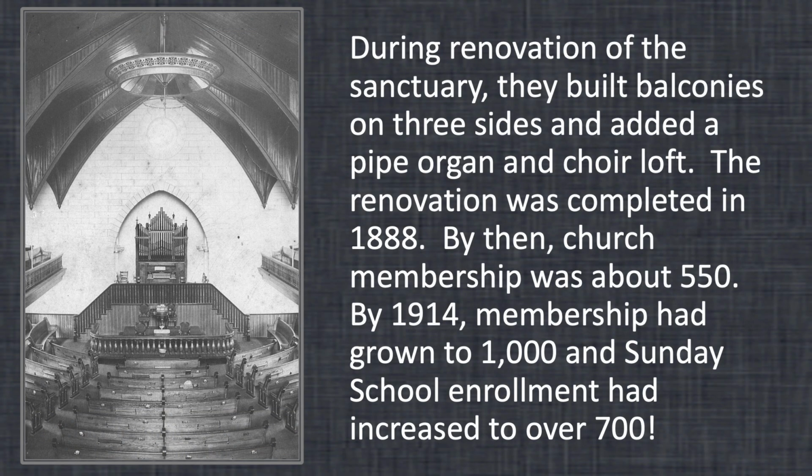During renovation of the sanctuary, they built balconies on 3 sides and added a pipe organ and choir loft. The renovation was completed in 1888. By then, the church membership was about 550. By 1914, membership had grown to 1,000, and Sunday school enrollment had increased to over 700.